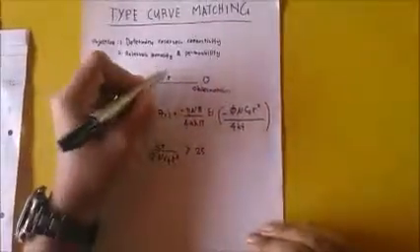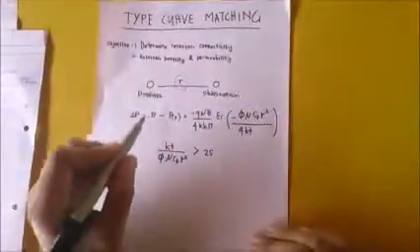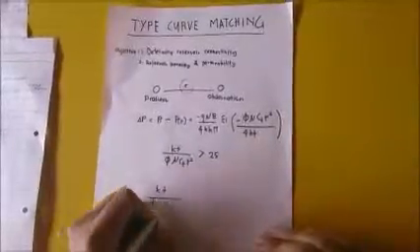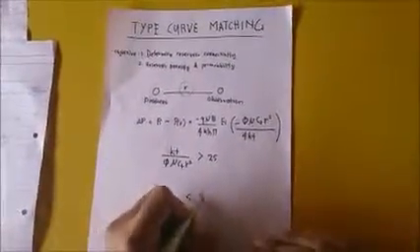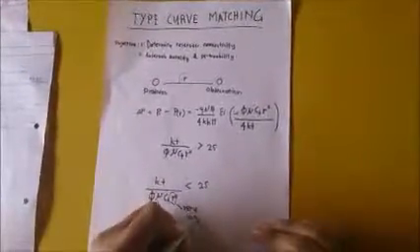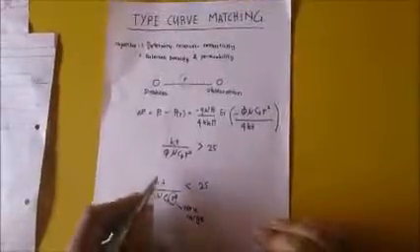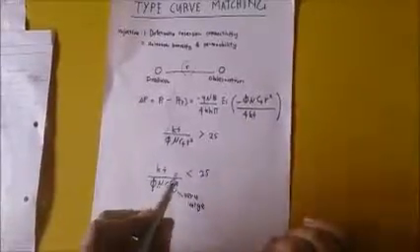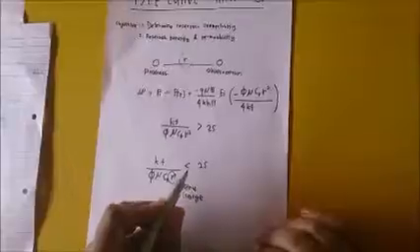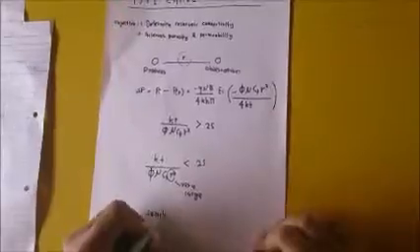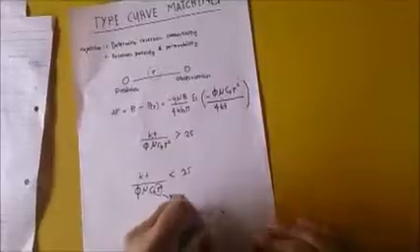Due to the fact that R is very large, kt over porosity mu Ct R squared will be smaller than 25. So we get the result is smaller than 25. It means that we need to run the test for such a long period of time. It is not economical. So semi-log analysis is not possible.